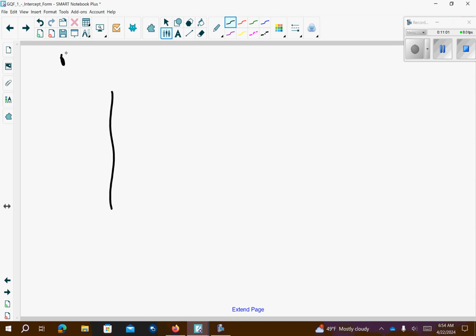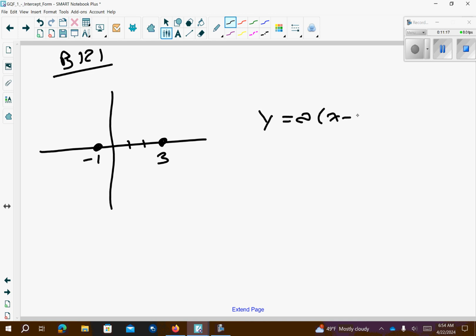This is on page 121. So we have this graph with negative 1 here, and then 1, 2, 3, 3 here, and they want us to give the function. So we have y equals a times x minus p times x minus q, which looks a little different. But let's take care of this part.